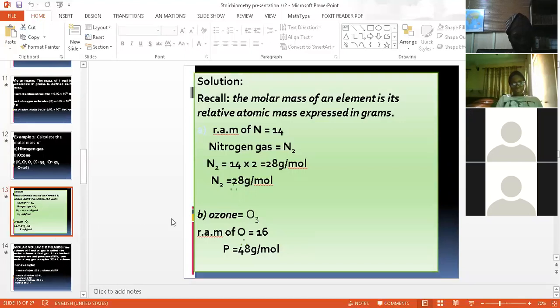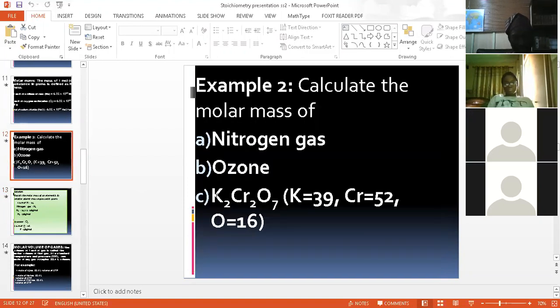So I want to believe you can calculate for K2Cr2O7. I want you to calculate the molar mass of K2Cr2O7 and let me see your response. The atomic mass of each of them has been given: potassium is 39, chromium is 52, oxygen is 16. Using the atomic masses, determine the molar mass of K2Cr2O7. Bear in mind that in that chemical formula there are two atoms of potassium.